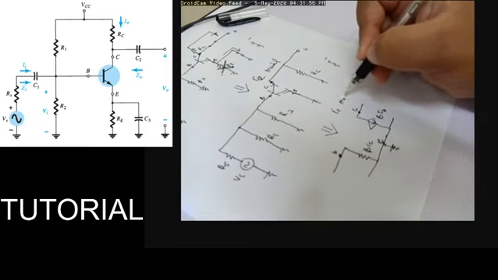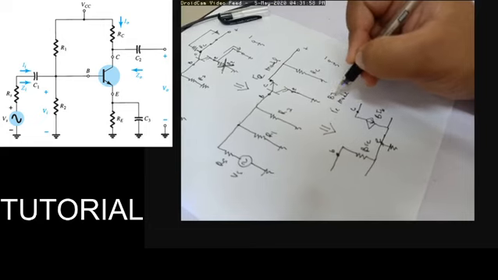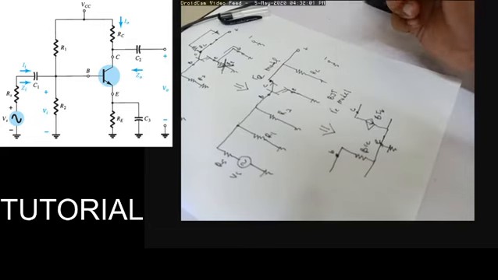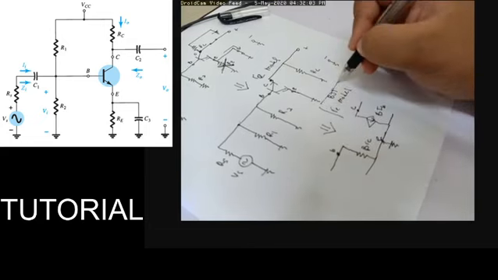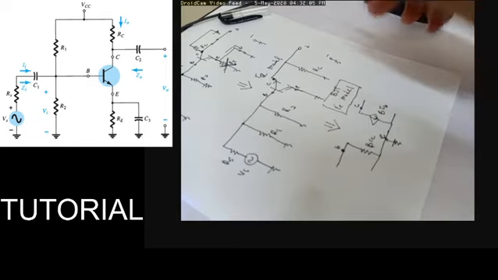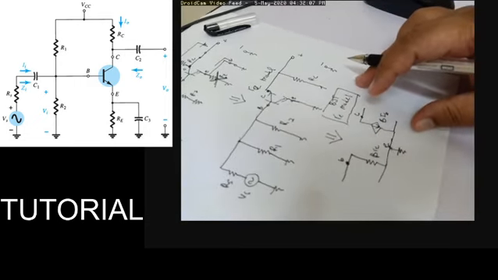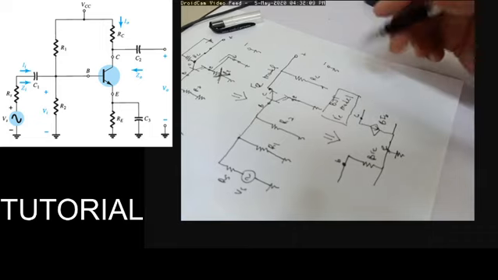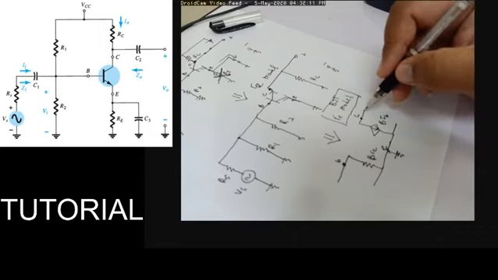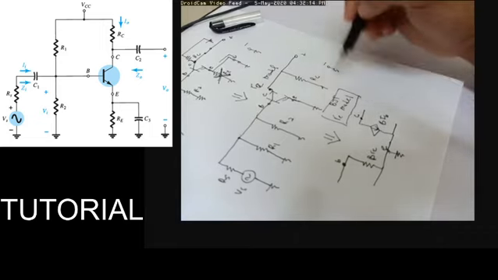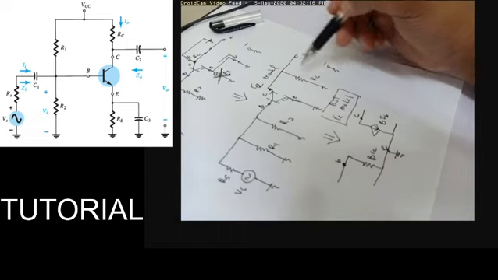BJT re model. Okay, what's going to happen? Let's see. We start at the right side first. This collector is connected to RC, and then this is the output, right?